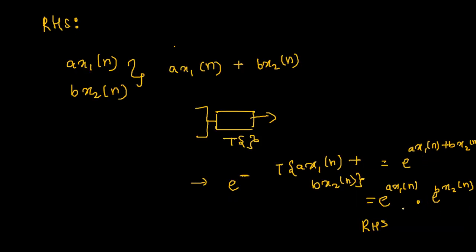And on the RHS, you have e to the power A x1 of n into e to the power B x2 of n. So clearly, LHS and RHS are not equal. So what can you say? So the system is non-linear, right?